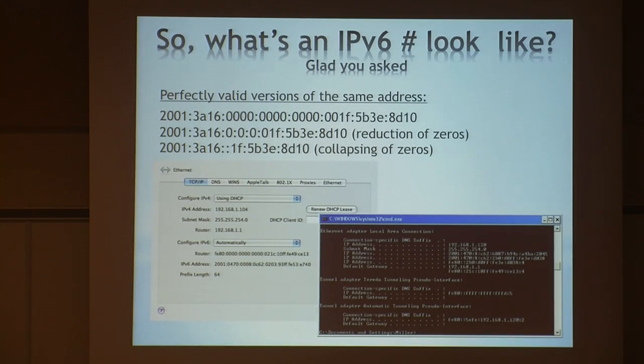If you also have a whole string of zeros in the IPv6 address, you can completely collapse that and say, you know what, I'm just going to put a double colon right there. You can see 2001:3A16::. That means there's a whole load of zeros here, but I'm not going to bother to type them all out. Here's my MAC address at the end. And that's the exact same address, notated 3 different ways.